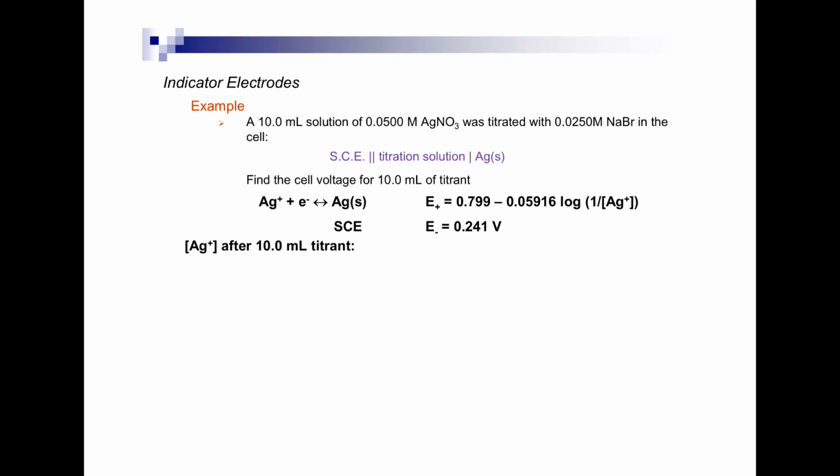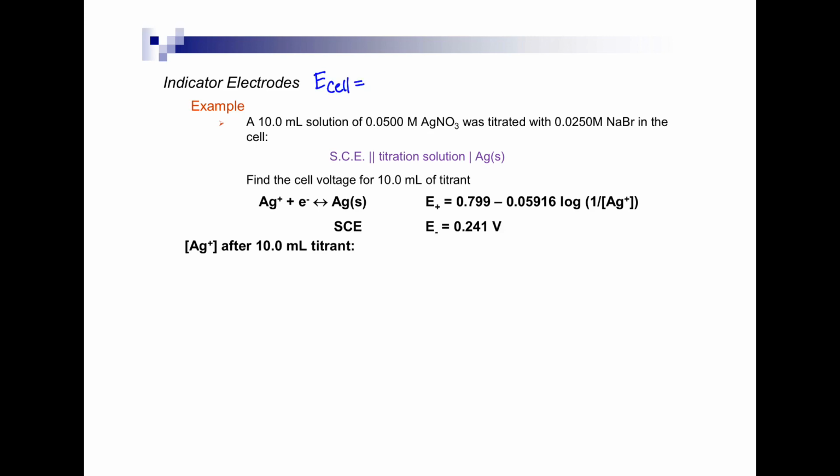All right, let's do a little practice calculation where we are going to have to calculate the concentration of silver so that we can put some numbers into that Nernst equation that we just came up with. I'm just going to remind us what equation we had from the slide before.